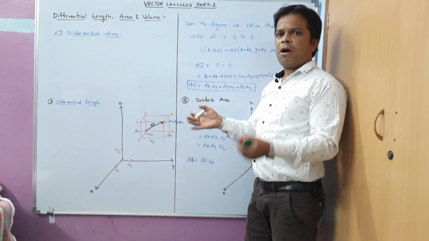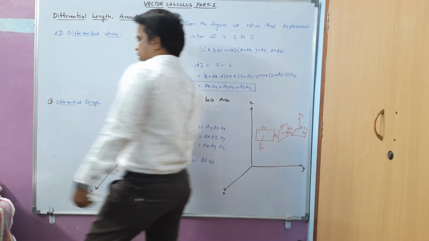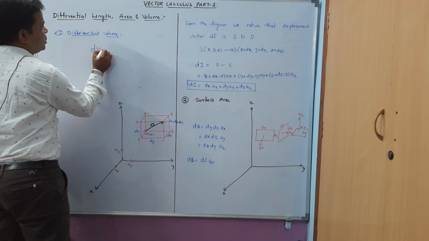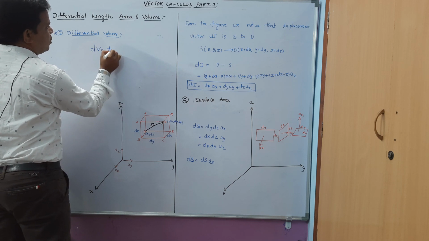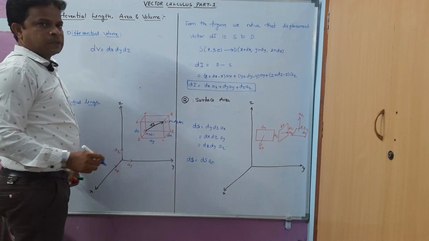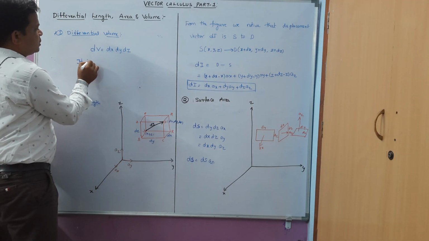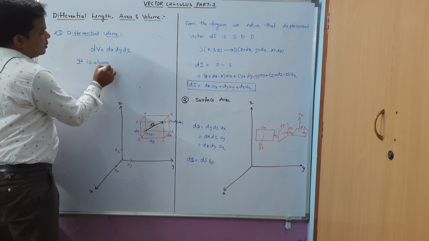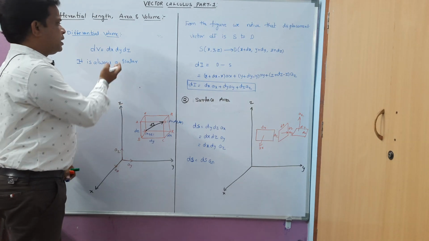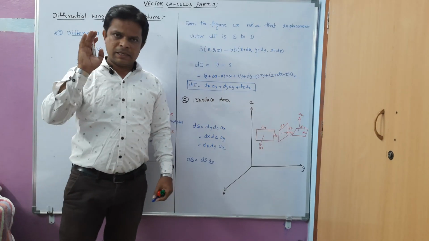We multiply all these displacements to get the differential volume. So I can simply write the formula: dv, the differential volume, is given by the product of displacement along the dx direction, dy direction and dz direction. It is always a scalar. We have to remember this point. Scalar means we don't have any unit vector ax, ay, az, so that's why we treat the differential volume as a scalar quantity.